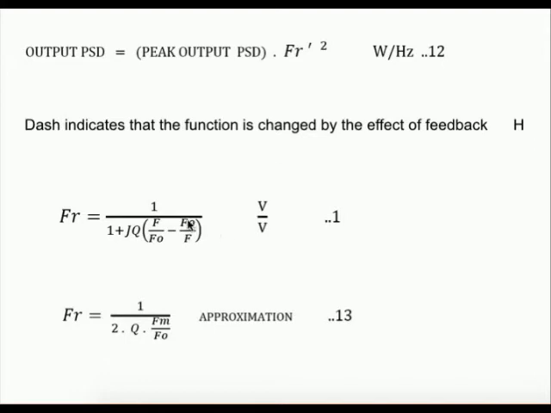Now let's just simplify the function of the resonator a bit for this purpose. We've just used a simplification here, and I think you should be able to see by inspection that this is an approximation to this.